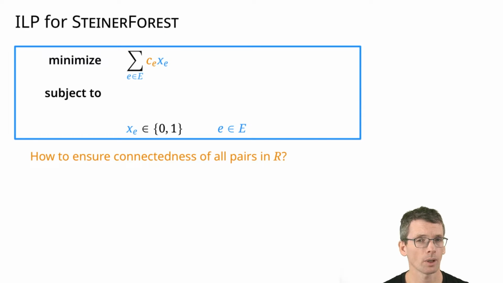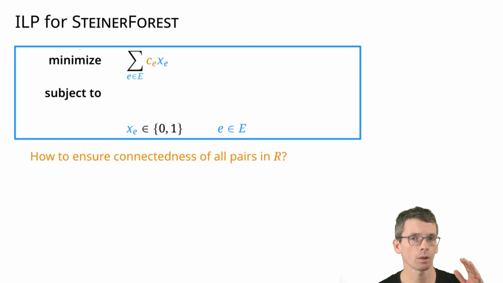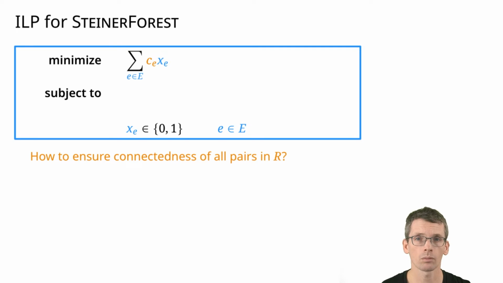And this is not quite as simple. If you've seen some ILPs for shortest path, flow and similar things, then you might think of formulating this similar to flow. To some extent we do this, but we go to the dual problem, so we use cuts.